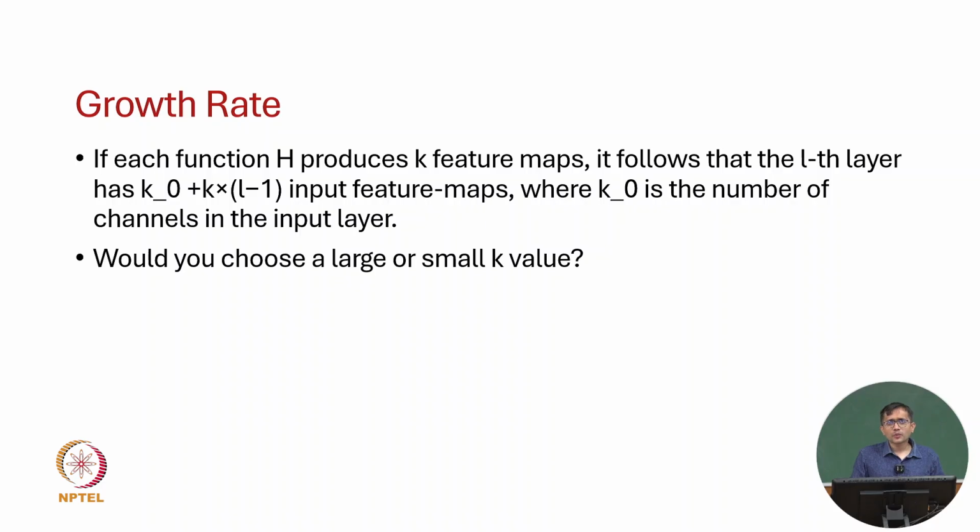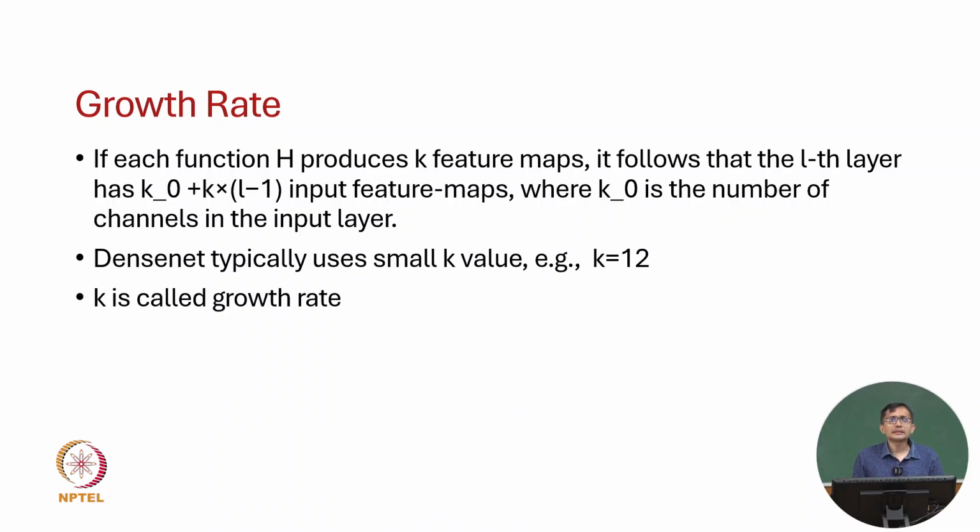As we keep on increasing layers, the number of feature maps will grow in large number. So that's why, in general, Densenet typically uses a small k value like k equal to 12, and this very specific term k is called the growth rate.